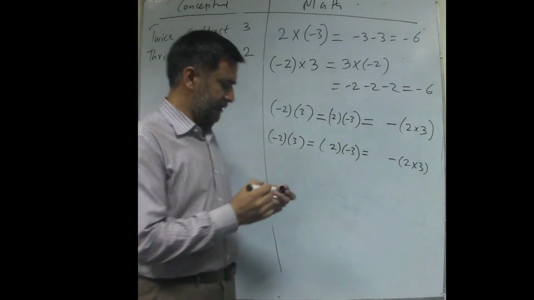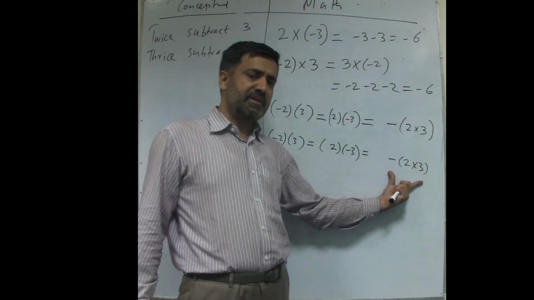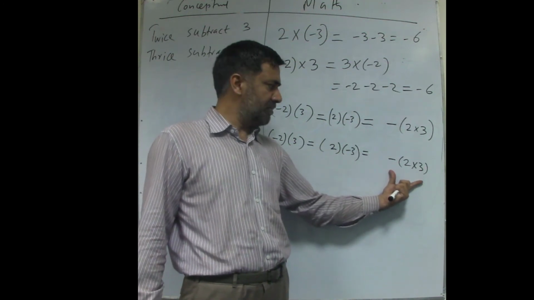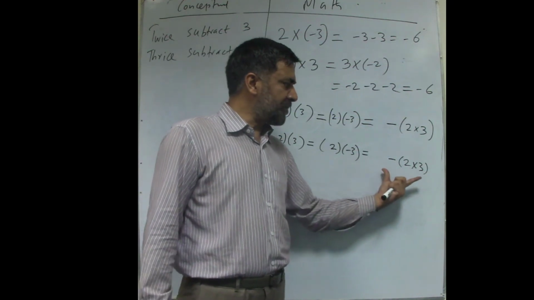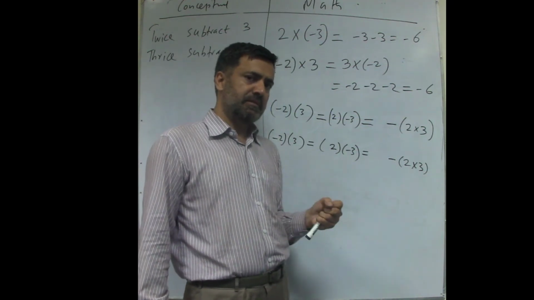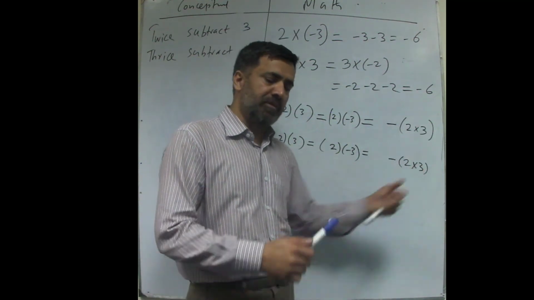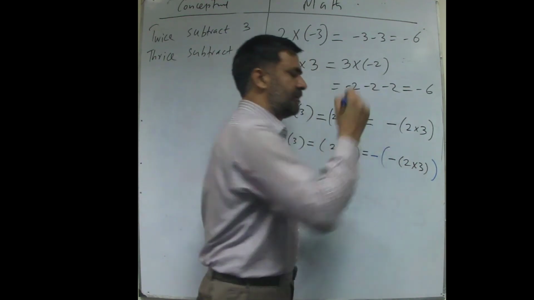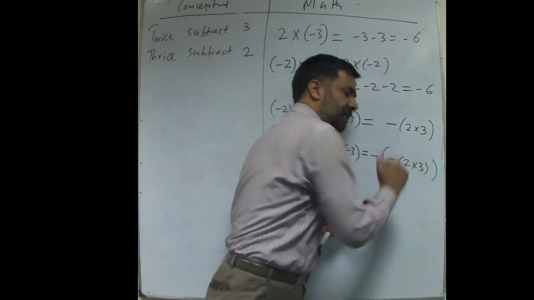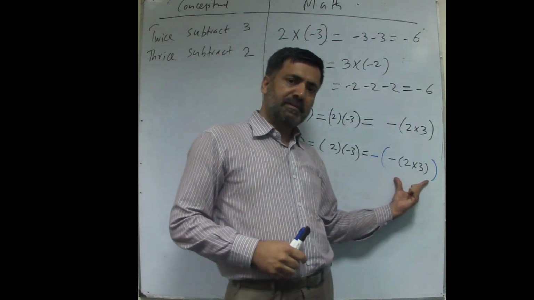Now let me do something. So this is the thing which I know, minus 6. And if I want to subtract this, that will be like negative of that. So what if I want to do negative of whatever I have? That would be like subtracting something.